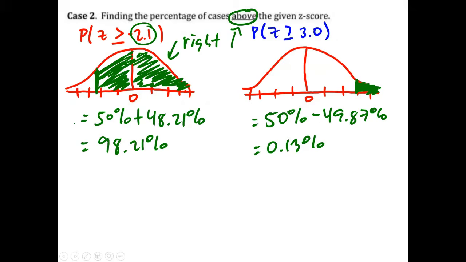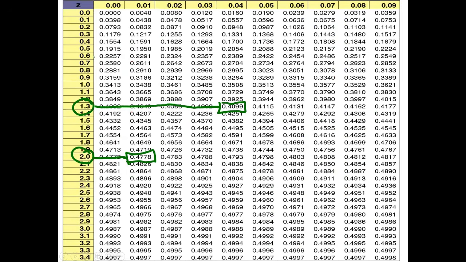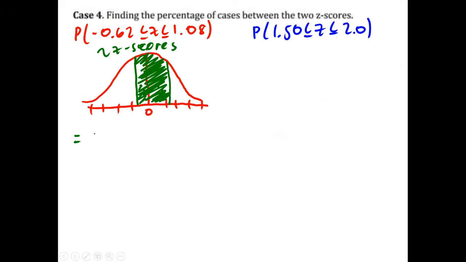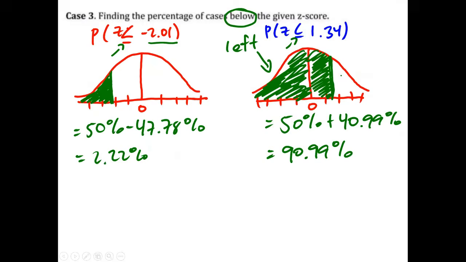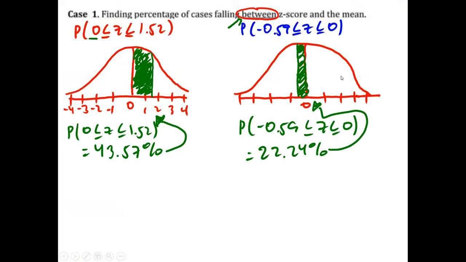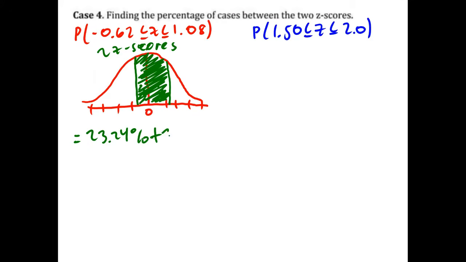So 0.62 muna tayo. 0.62, 0.6, pupunta siya sa 0.02. So we have 23.24%, plus 1.08. So 1.08, this is 1.0, punta sa 1.08, 35.29%.